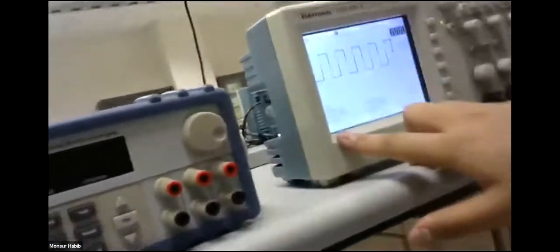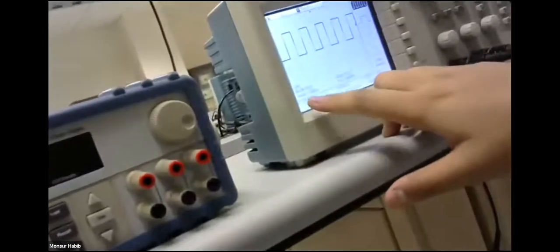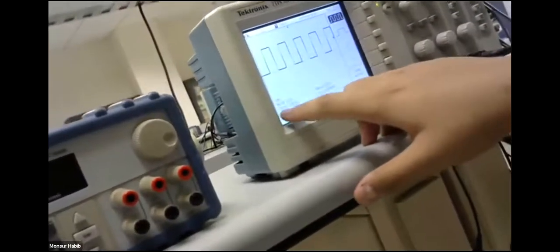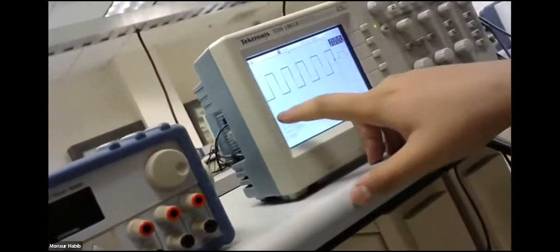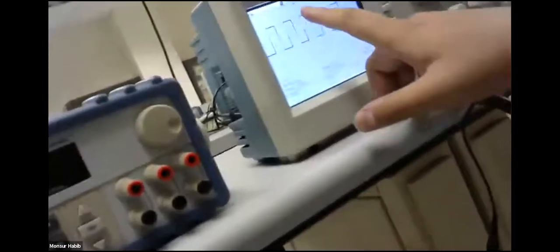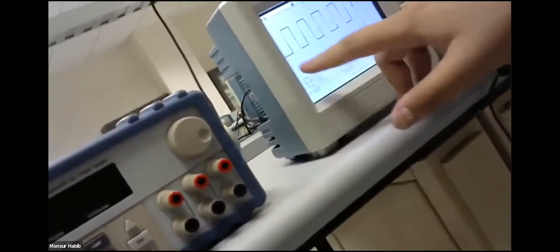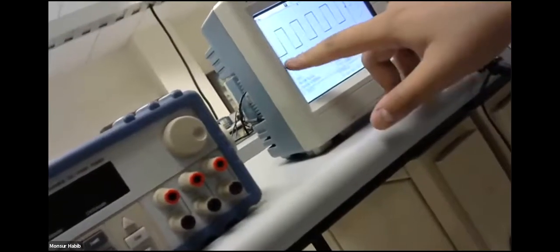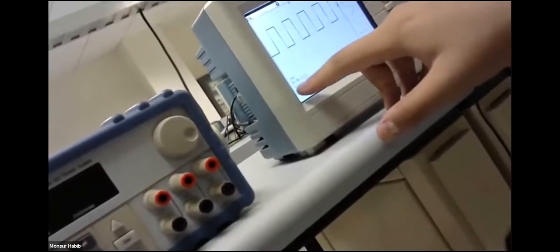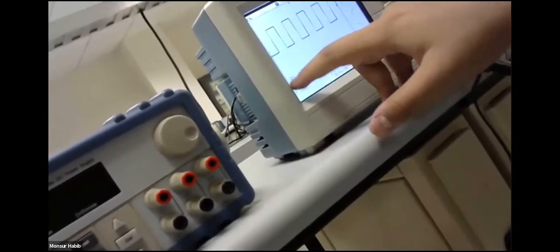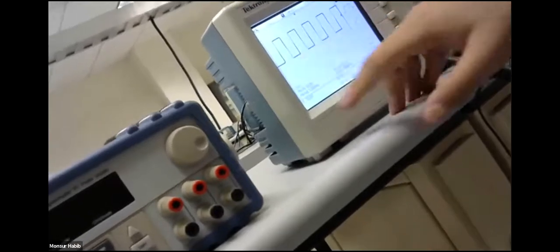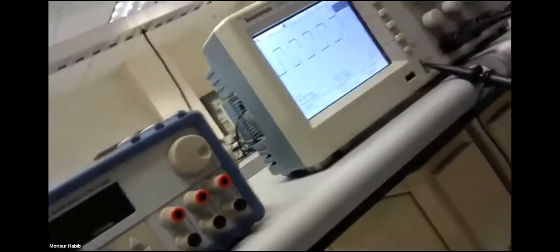Right now it says in channel 1, it's 20 volts, which means that for every division, every square that you see on this grid, if you move up one square, you'll see a movement of 20 volts.